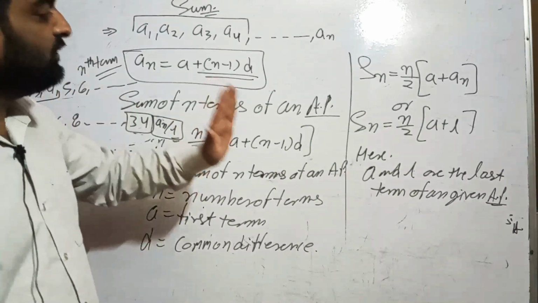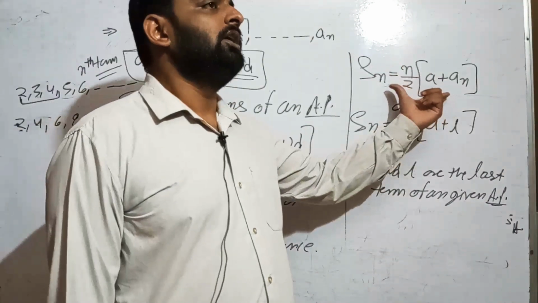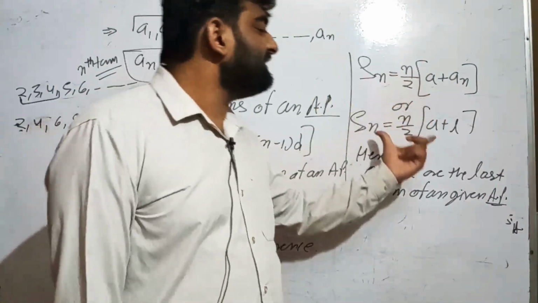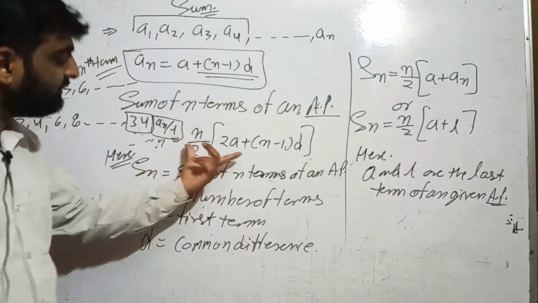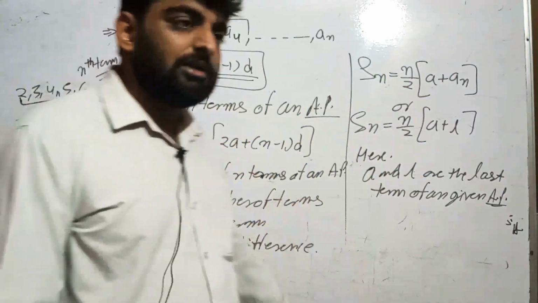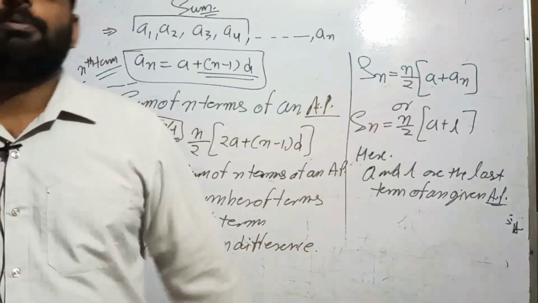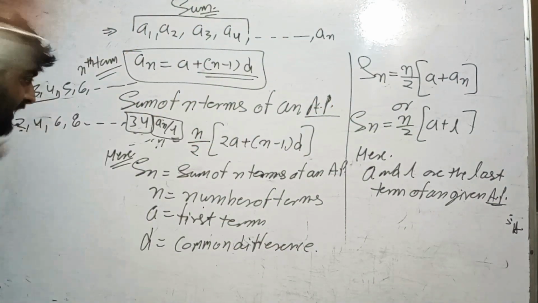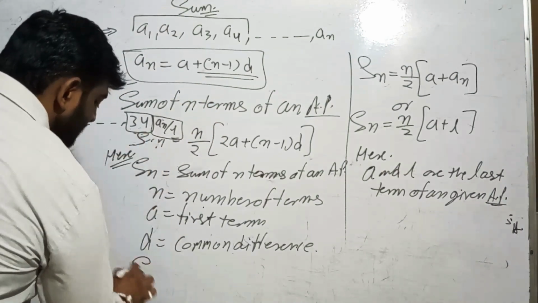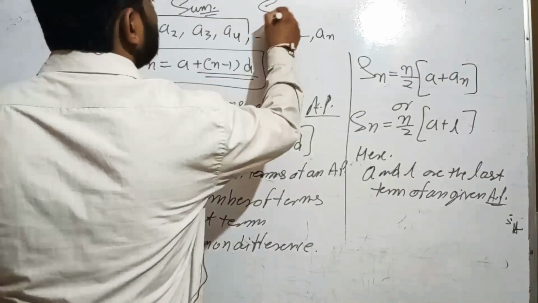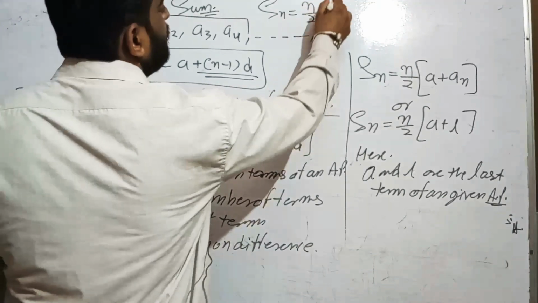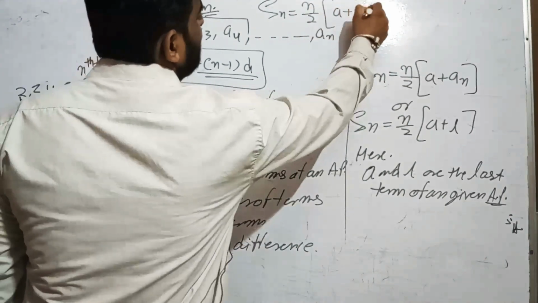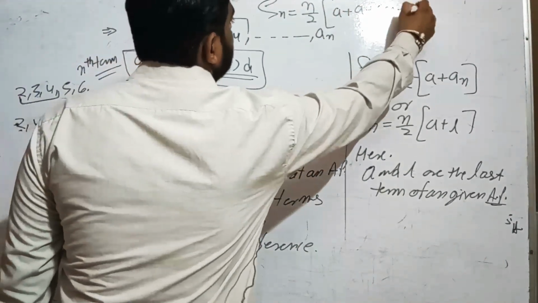So you have to apply this formula instead of the other formula, because that is the long formula and this is the compact formula. This formula comes from Sn equals n upon 2 into 2a plus n minus 1 into d.